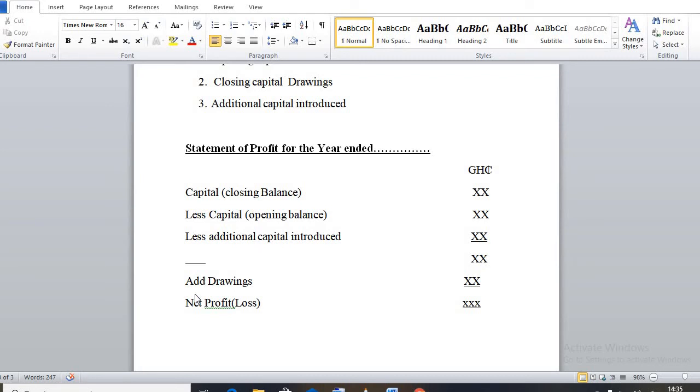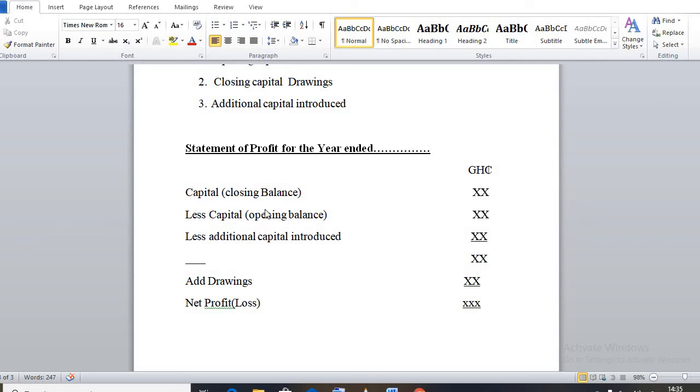Okay, so we have to add drawings back to the closing capital. So here, after lessing your additional capital introduced, the figure that you get, you have to add your drawings to it. After adding your drawings to it, then you get either your profit or your loss at the end of the period.